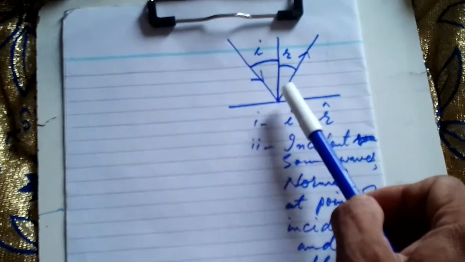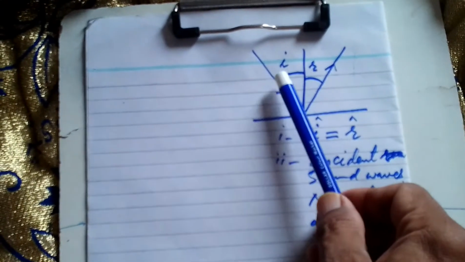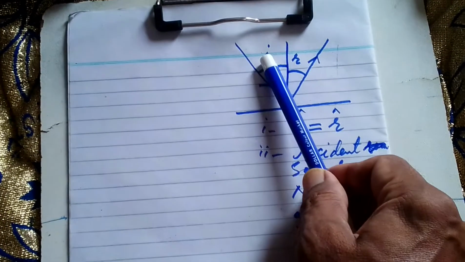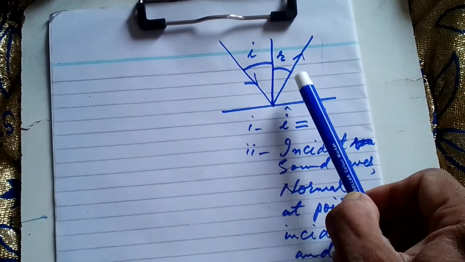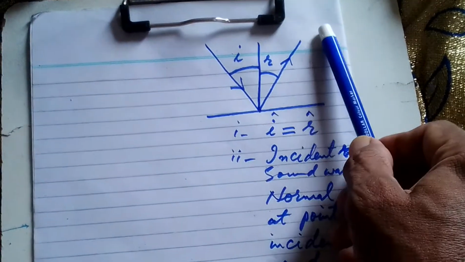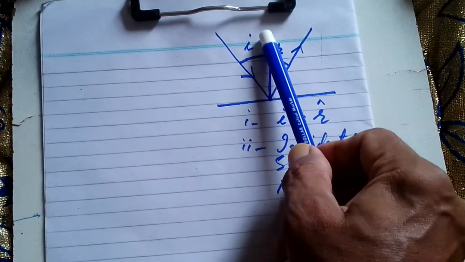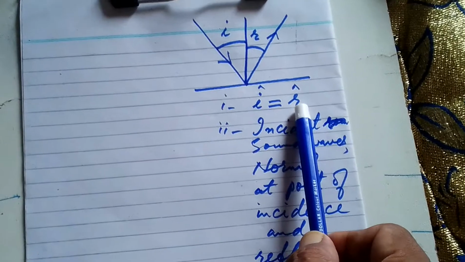This is known as reflection of sound waves, and in it, what happens? The incident waves make an angle I with the normal, this normal line, and these reflected sound waves make an angle R with the normal. These both angles are equal.